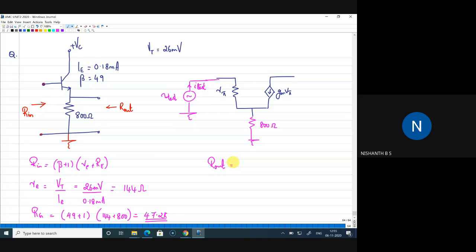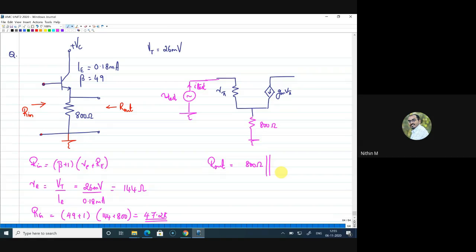We test V test and I test in the emitter. Yes. So this 800 is coming anyway in parallel to that, right? So can I keep 800 separate and find the rest and make it in parallel? Nishant, I'm waiting for you to respond. Okay, so this is 800.